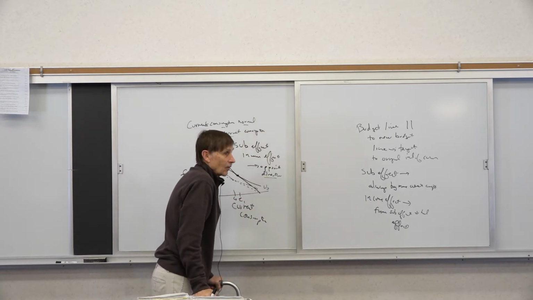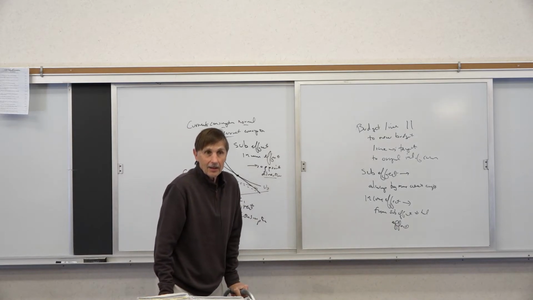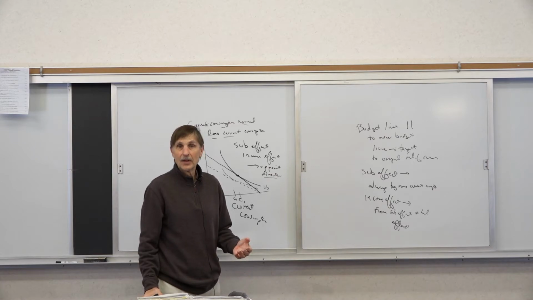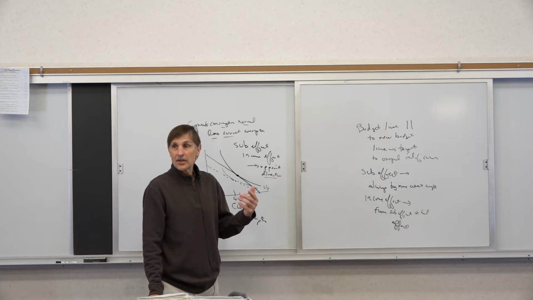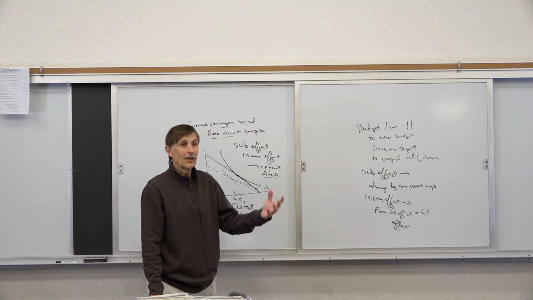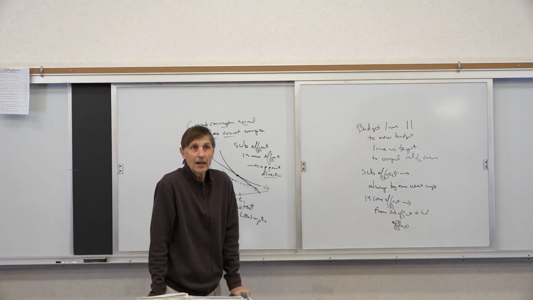So, are people going to save more or save less if I put a tax on interest income? Well, the substitution effect says they're going to save less. I put a tax on interest income, they're going to consume more today. But there's this income effect that says, hey, maybe they'll end up saving more. And you can sort of think about why that might happen.